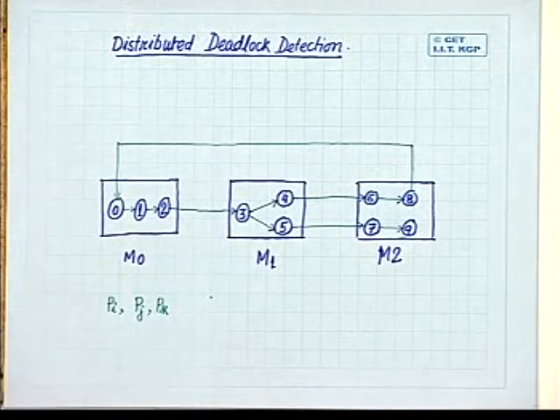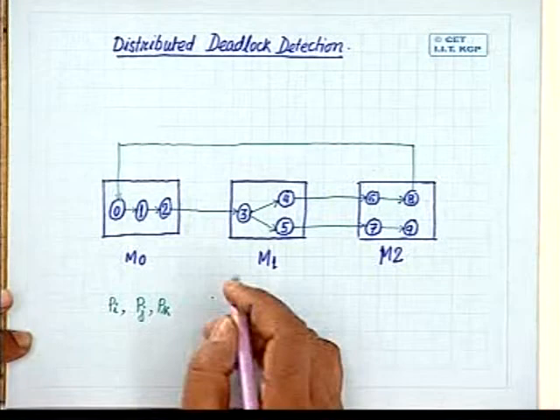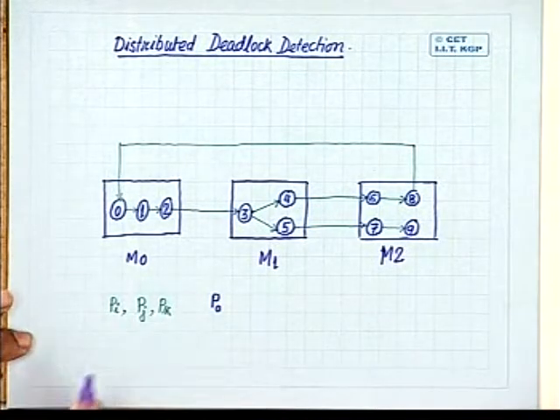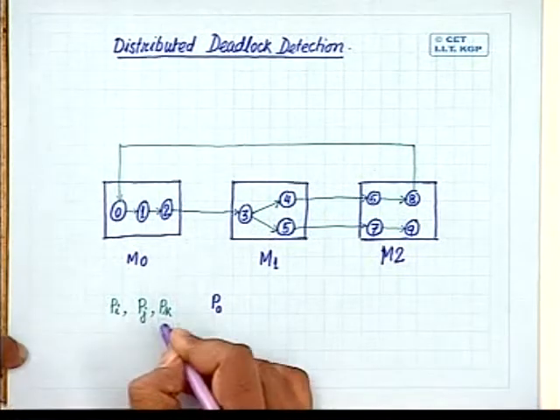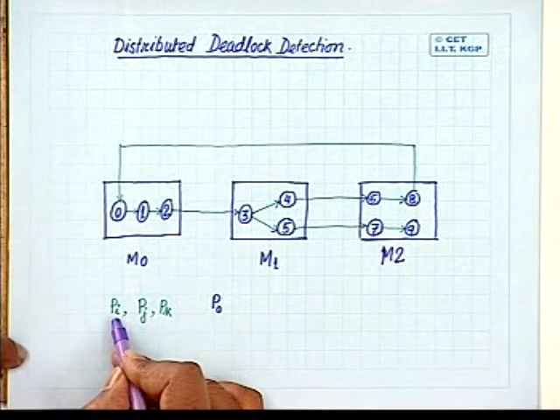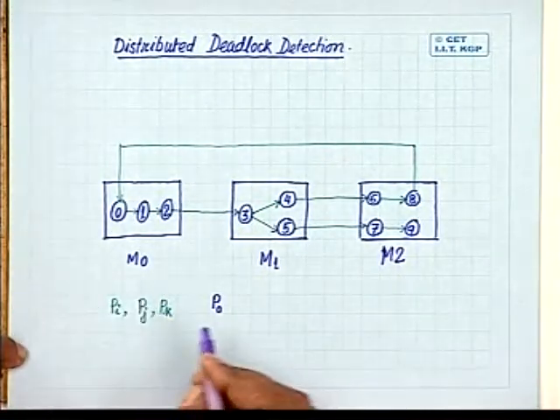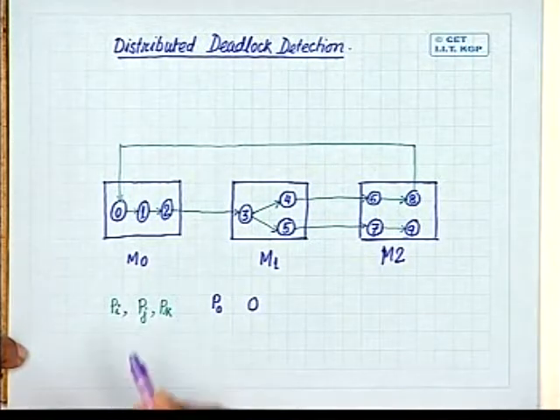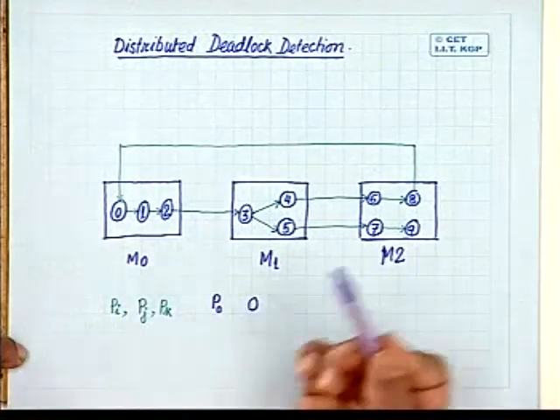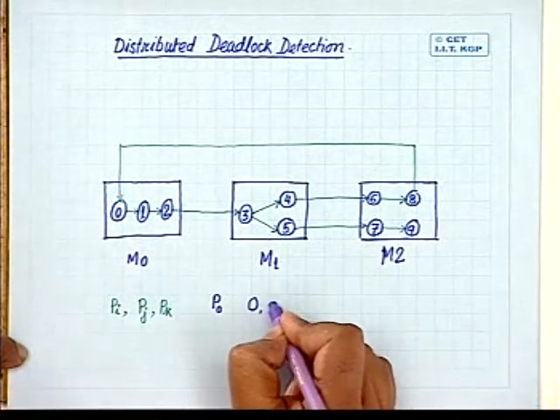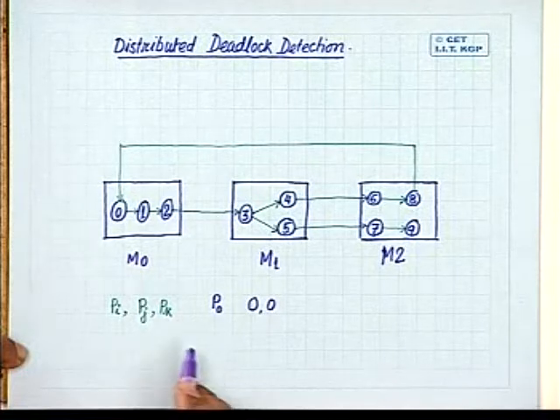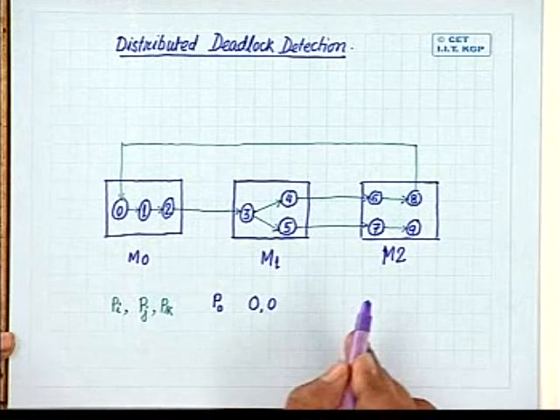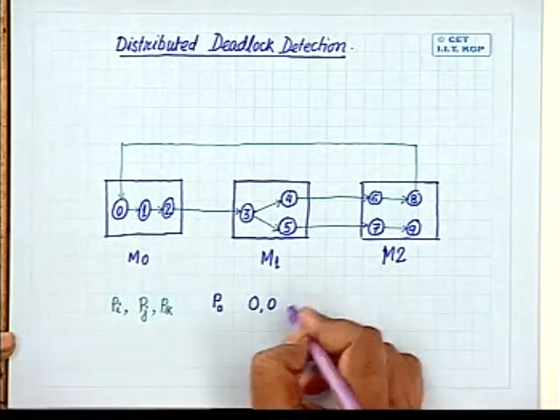So it is process P0 that is generating a message having three components like this, and the components in this case will be firstly the process identification number which is just blocked, so that is 0 because it is the 0th process that is being blocked. Now in this case this is the process which is generating the message, so the second component will also be 0, and the third component is the process identification number to which the message is to be sent. So in this case that is process number 1.